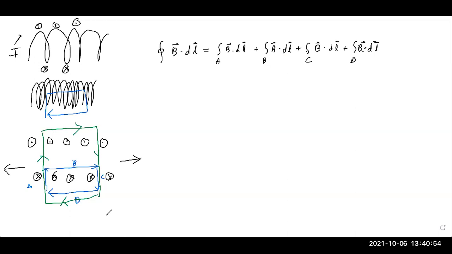And the field for a solenoid, it's not actually always perfectly 0 on the outside, but it's close enough. So in an arrangement like this, on the outside, things pretty much cancel out, and on the inside, they don't.